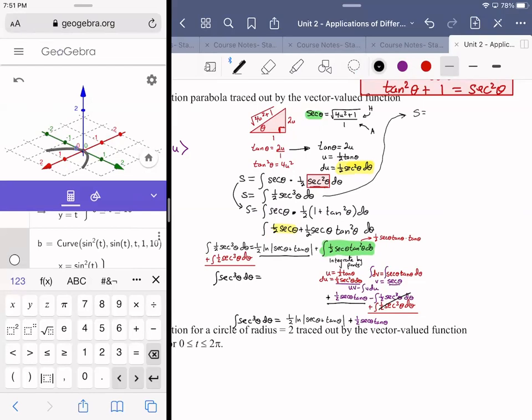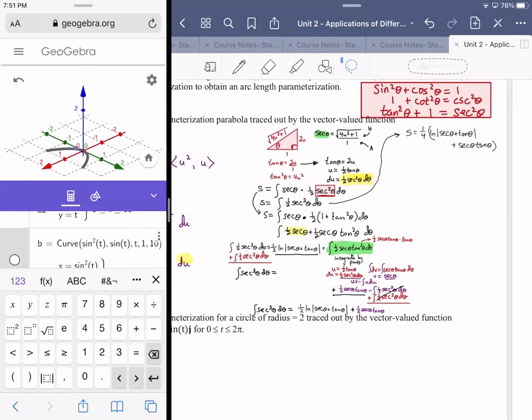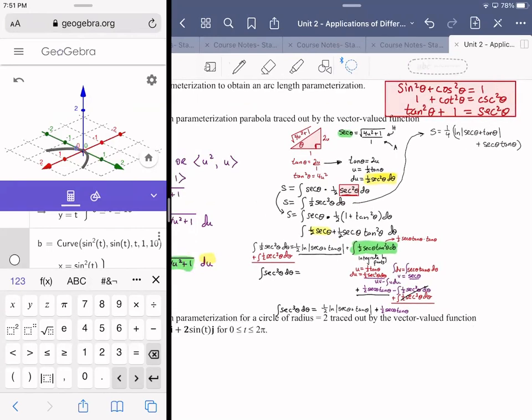We want half of that, so I would chop everything in half. So 1/4 the natural log of secant theta plus tangent theta plus 1/4 of secant theta tangent theta. So I'm going to just write plus secant theta tangent theta, and then put parentheses in front, separating the 1/4. All right. Like I said, it's not pretty, but it's something.